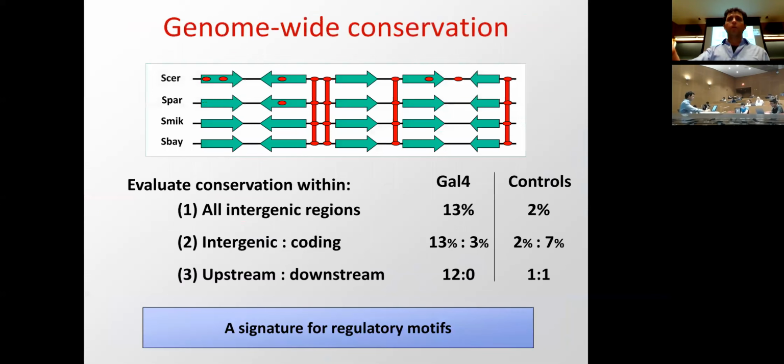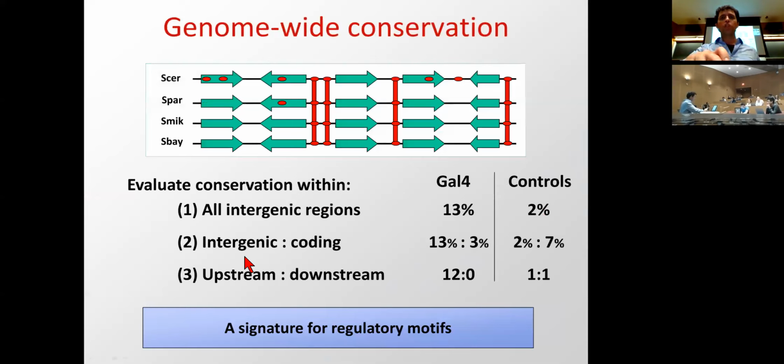So if we do that for exactly the Gal4 motif, CGG, CCG, spaced by 11 nucleotides, we find that in all intergenic regions, it is conserved 13% of the time, compared to only 2% expected using random k-mer controls.